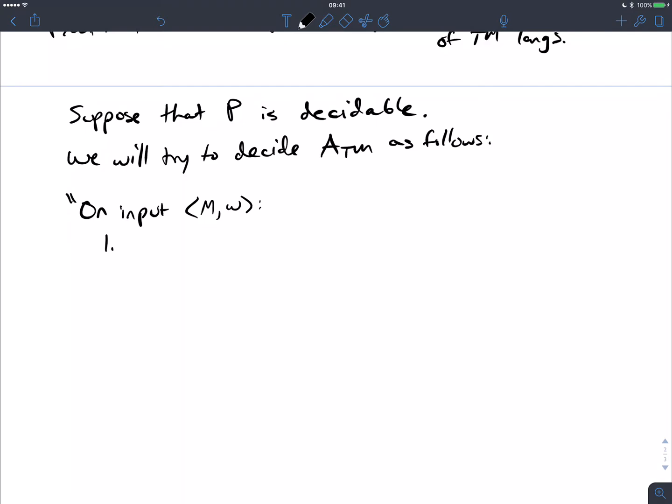Okay? Well, what we did before is that to get those two different behaviors, we started off accepting some number of strings right at the very start. And then if M accepts W, then we accept more strings or change the language or do something non-trivial so that we get the other behavior.